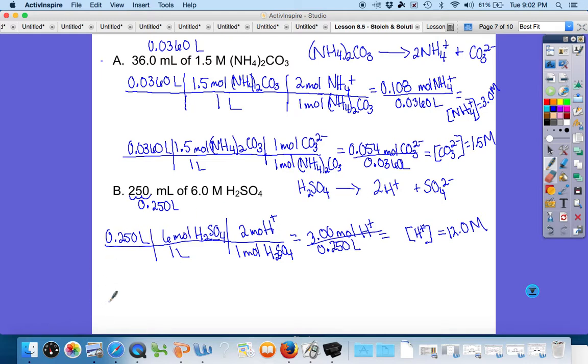For our sulfate ion, we have 6 moles of our compound per liter. For every 1 mole of our compound, we have 1 mole of our sulfate ion.